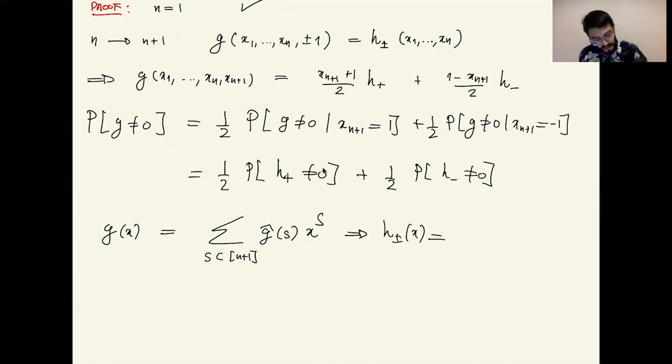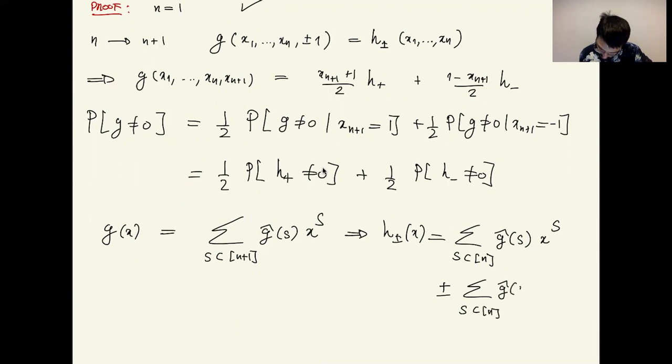If the set does not contain n plus 1, there's nothing you can do, really. You just have this term. But if it does contain n plus 1, then you're putting that variable to be plus or minus 1. So that would be just a subset of n to which you add n plus 1.